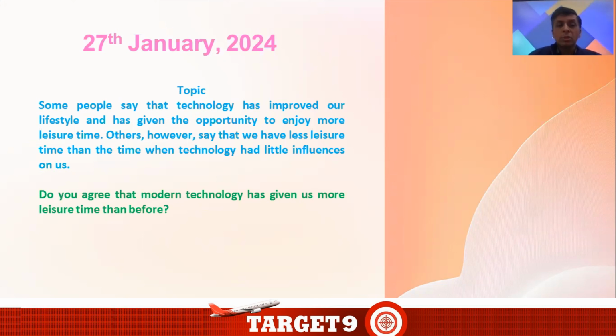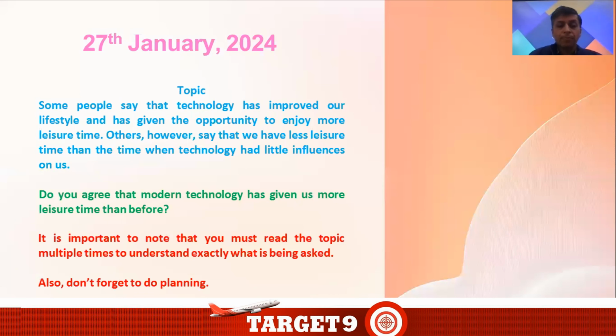Try to read it at least 2 to 3 times so that you can understand exactly what is being asked. Otherwise, what happens? Sometimes students answer the first part and write an essay on the statement. If you do so, you can't expect to have a good score.